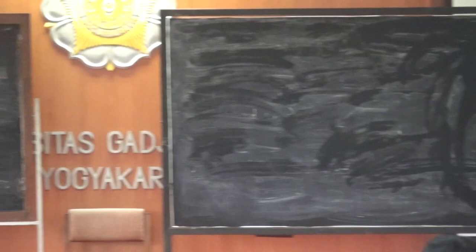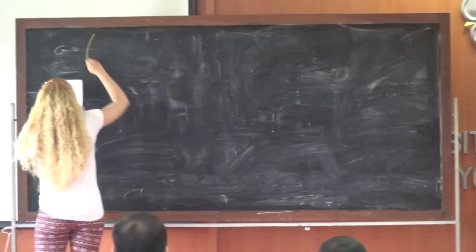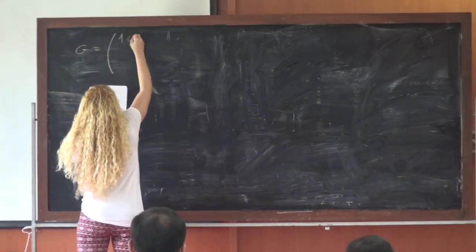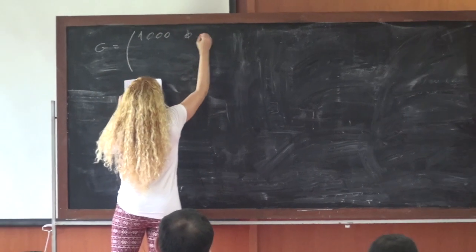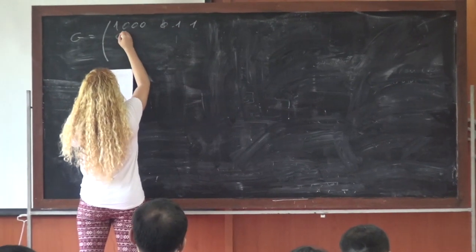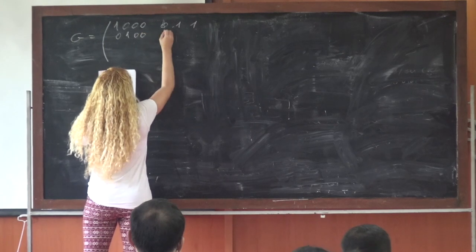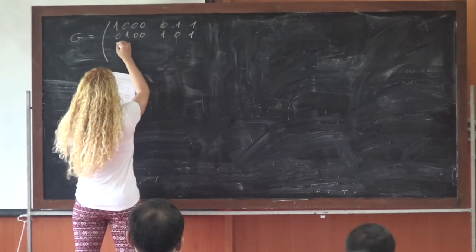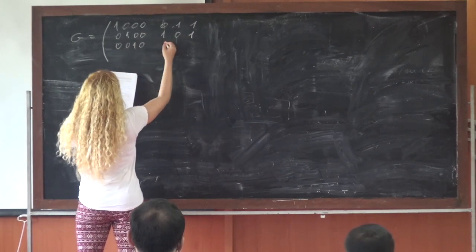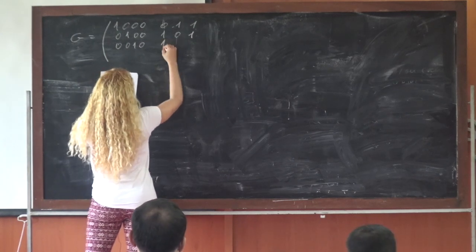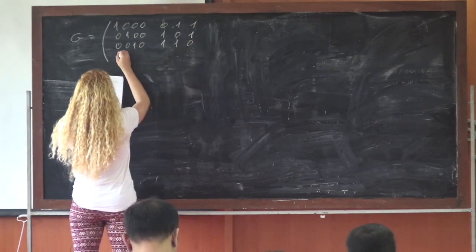Okay, so for the Hamming code, what we get is this matrix. As I said, I just took 4 linearly independent vectors.